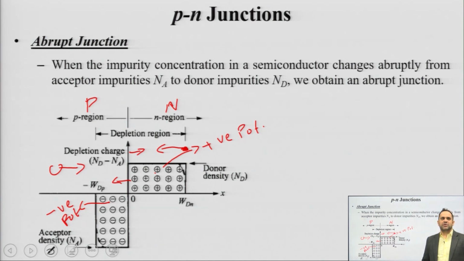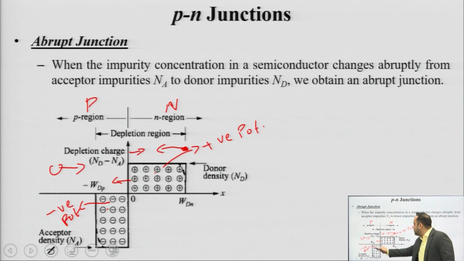This voltage is known as built-in potential. Because there is a voltage across a finite distance, there is a voltage gradient. So, from here you are moving from minus to plus. There is a voltage gradient, which means inside the depletion region there is an electric field. Now, this electric field is in this direction, positive to negative. Holes were moving in this direction.